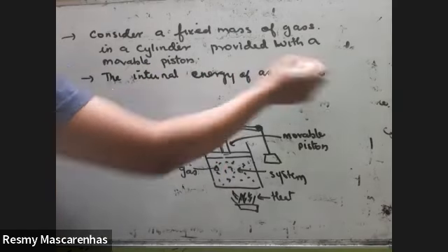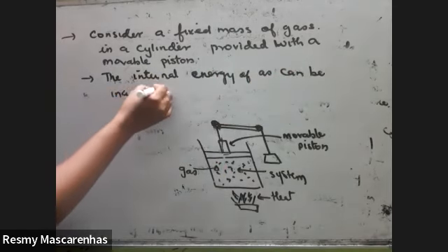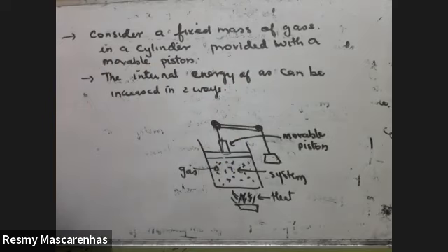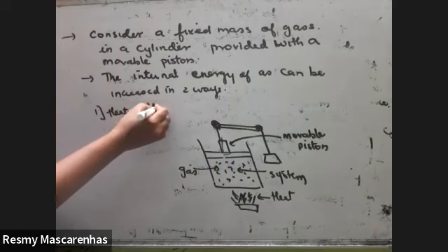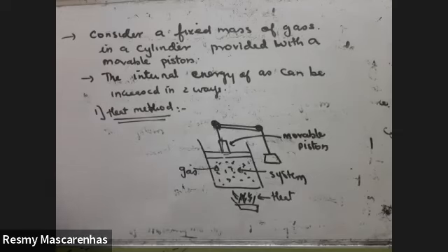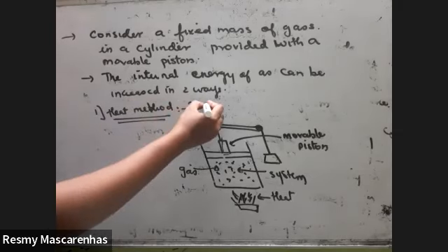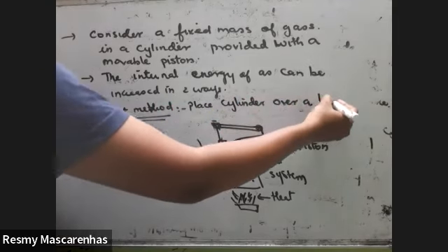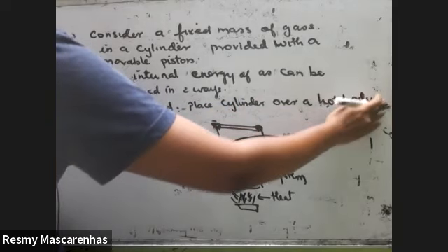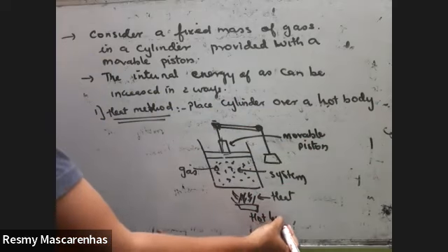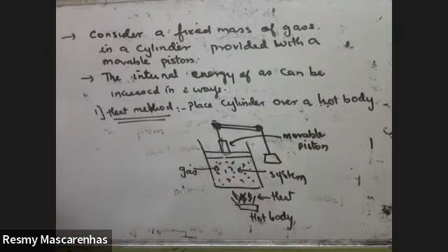It can be increased in two ways. First is the heat method. Place the cylinder over a hot body. Okay, this will be the hot body. So directly the heat will be supplied.